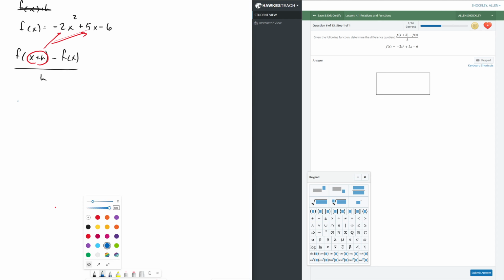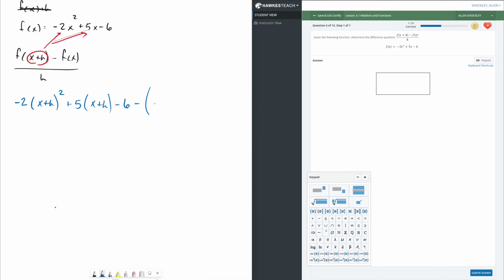So we're going to start off with the function -2, and then instead of x squared, we're going to say (x + h) squared, plus 5 times (x + h), minus 6, minus negative 2x squared + 5x - 6, all over h.